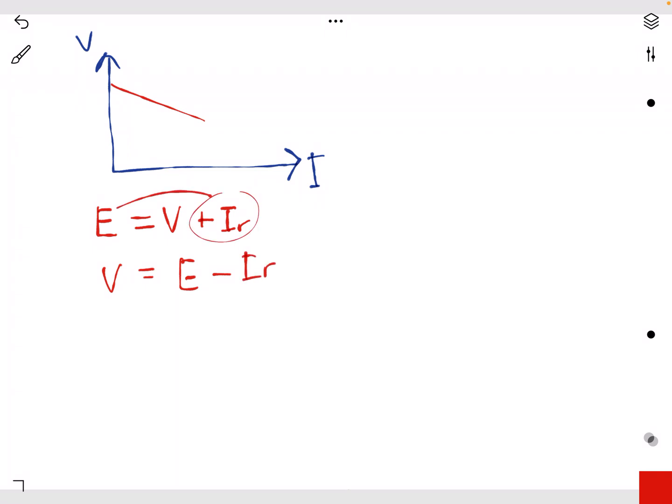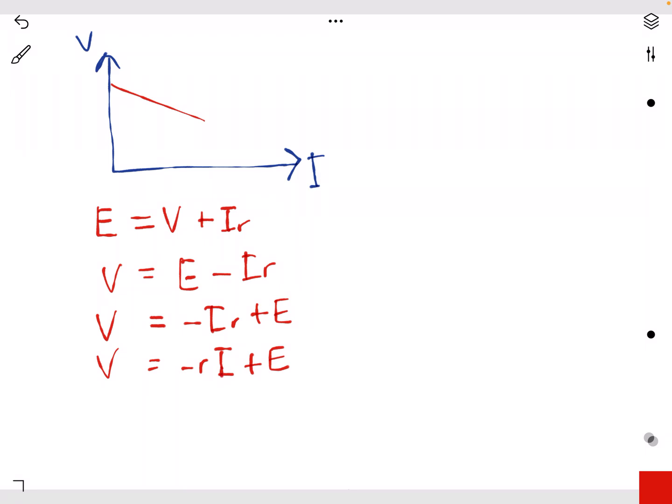Okay, so bring this one up to the other side, so you get this equation. And then you can change again, negative Ir plus E. And from here you can write negative rI plus E.